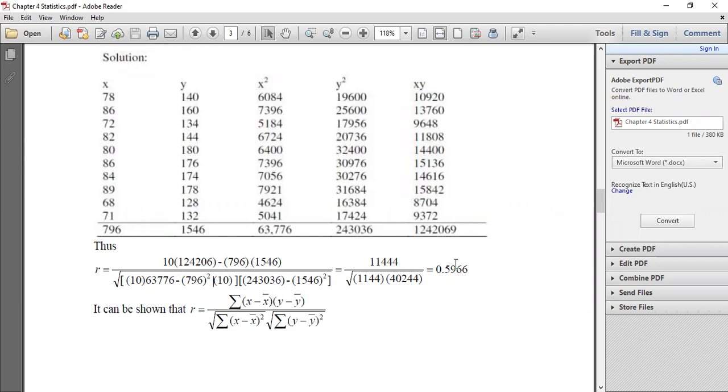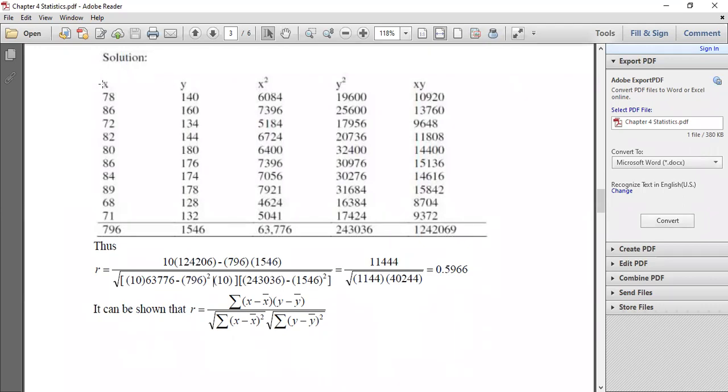So say for example, if the value here was negative, then it means we could have a negative correlation. But now, since it is positive, we have a positive correlation. So what does that mean? It means as the value of X increases, the value of Y also increases.